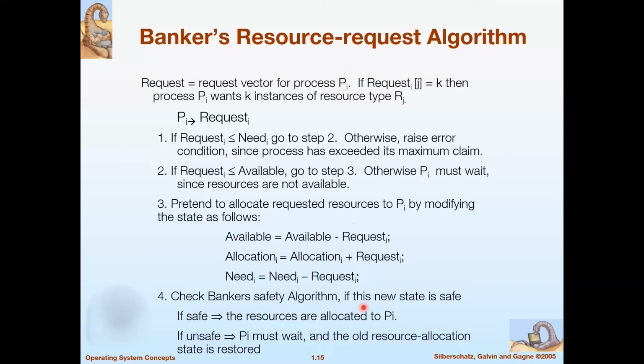And we already know a state is safe whenever every process in the system can complete its task in some arbitrary order. For a state to be safe, there must be a safe sequence.